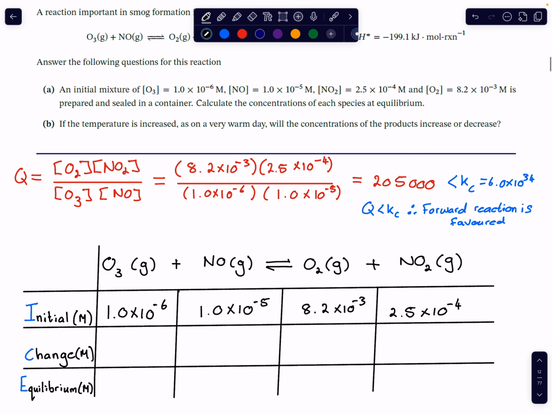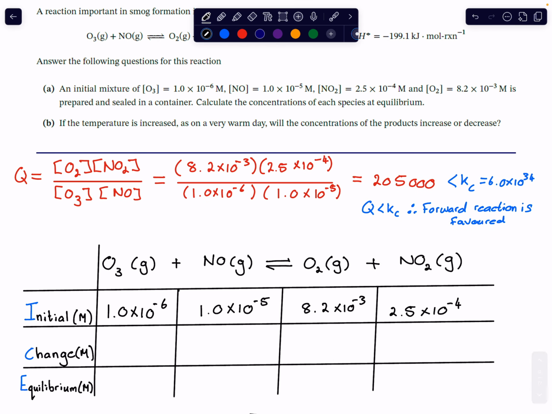I've already gone ahead and written down our ICE table. We start with the initial concentrations. We know Q is less than K, so that tells us how the change in concentration is going to be affected.